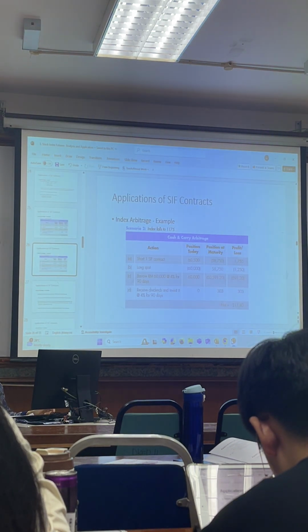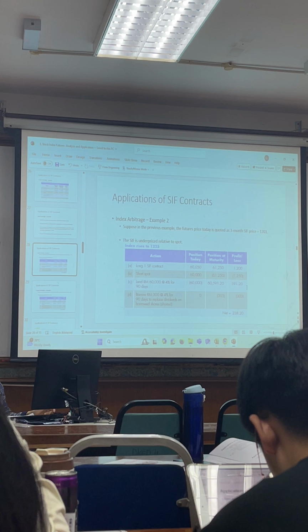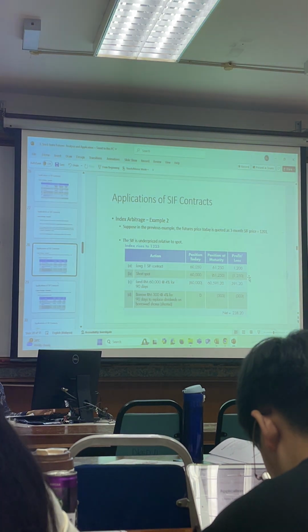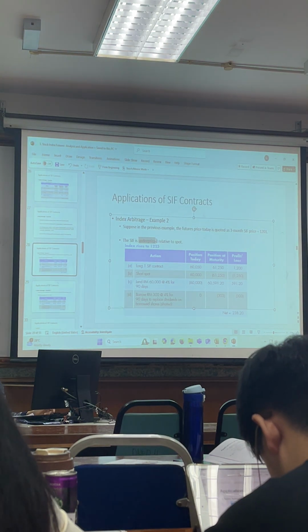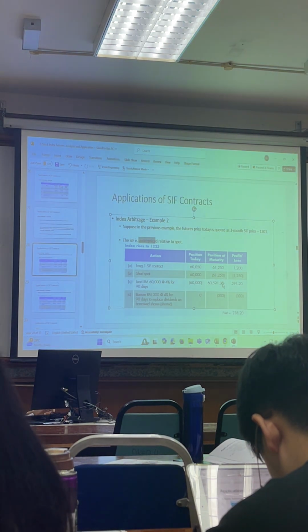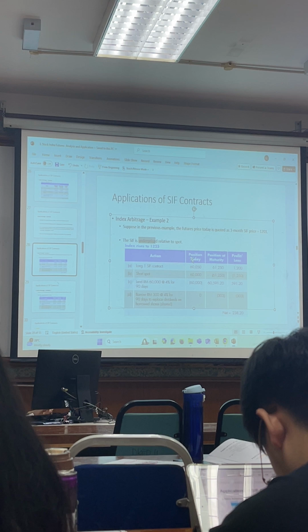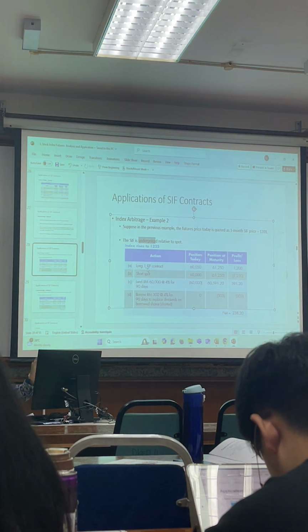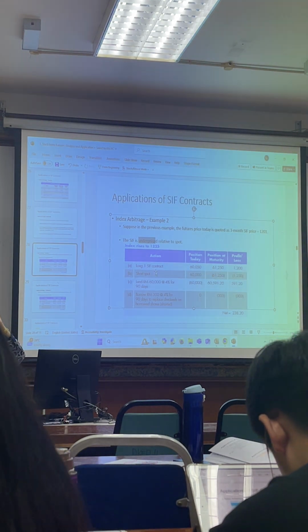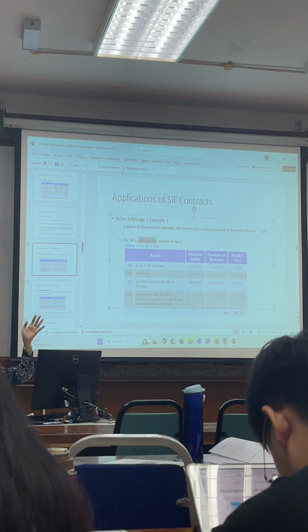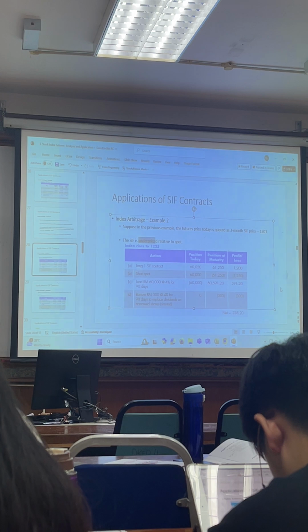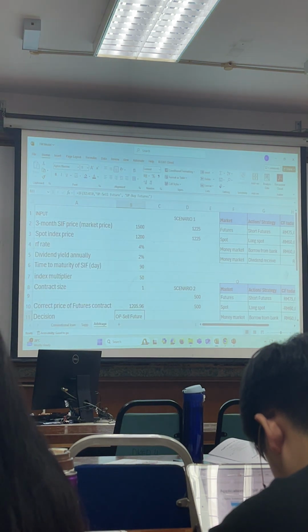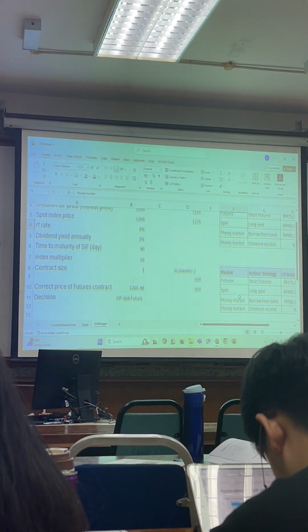That's why you can see that here you are given the second example, that is underprice. Because for underprice, your strategy will be different. See? For the underprice, you have to go long futures and short the spot, the opposite of what you have in the example. Right? So this is only for the overprice.